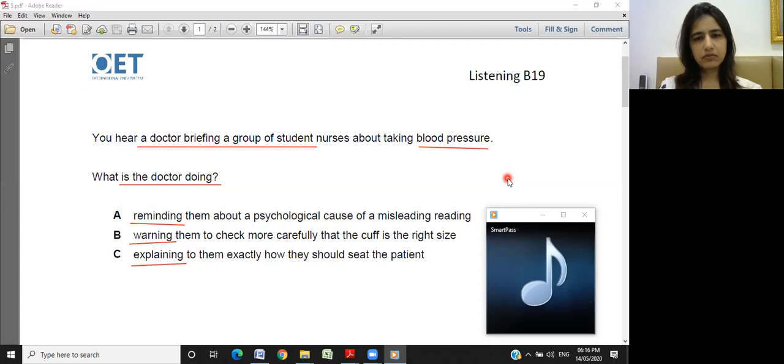To be more precise, please ensure in future that both the back and arm are supported, with the upper arm at the same level as the heart. You all seem to have taken on board that quite a few patients will be nervous when they're with medical staff, and this may result in significantly higher blood pressure. So it was good to see you weren't too alarmed by some of the higher readings today.